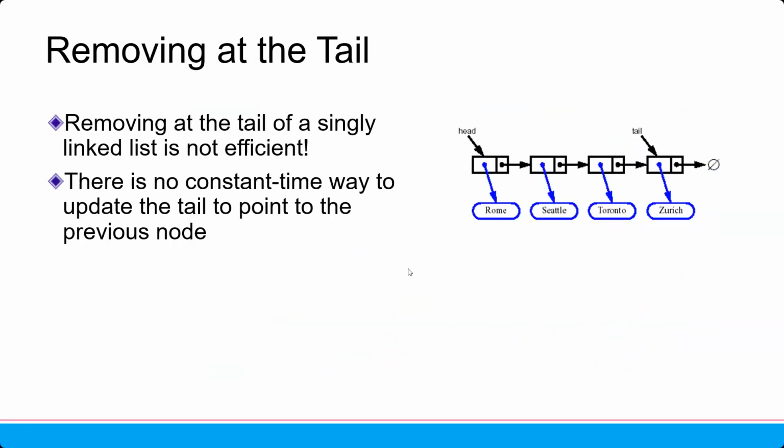How if we want to remove an element? If we want to remove an element at the tail, removing at the tail of a single linked list is not efficient. Why is it not efficient?